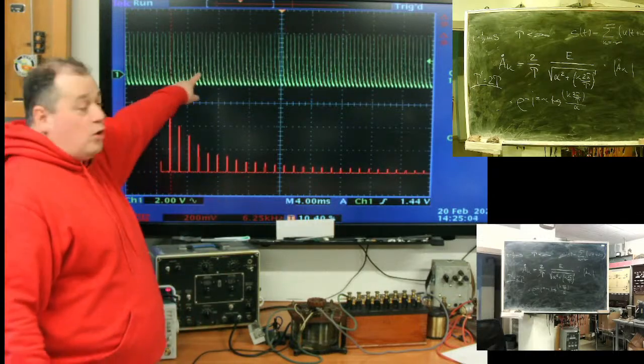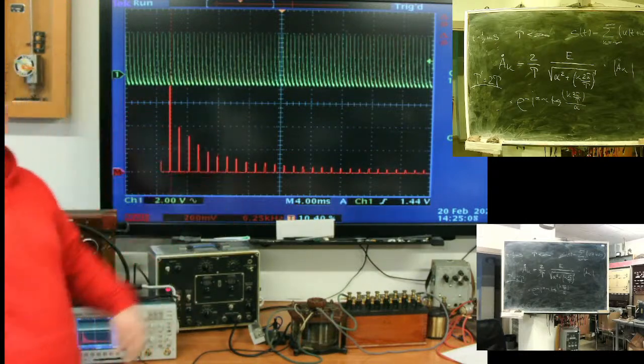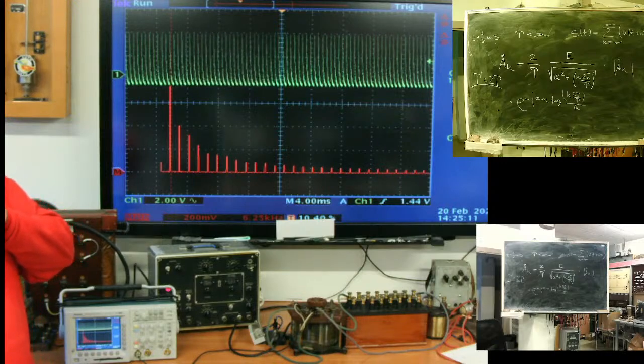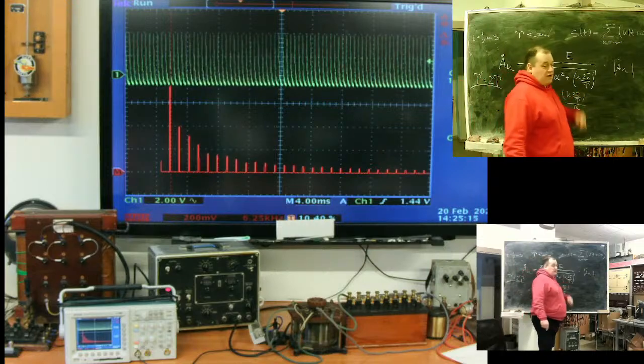You see, the closer pulses. What happens with the distance between spectral lines? Greater. Because period here is undivided.